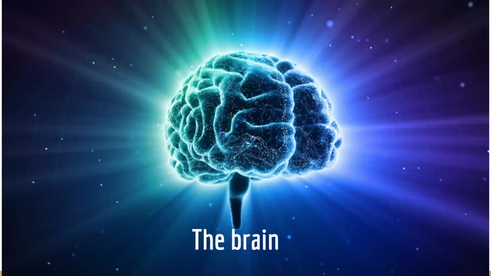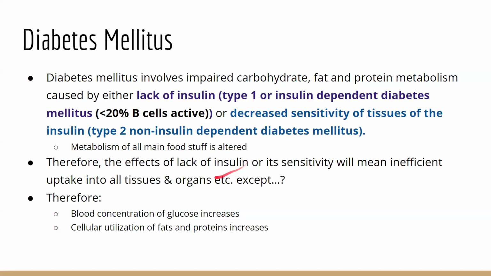So this is really important. The brain does not depend on the utilization of insulin or the blood glucose levels. It's just permeable to glucose, and because it only uses glucose for energy, it's not supposed to be limited by a specific hormone. So yeah, it makes sense.